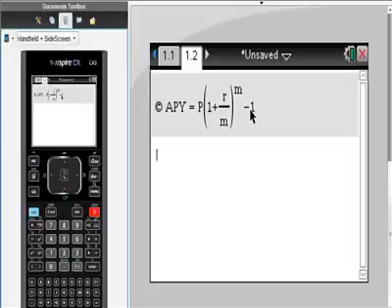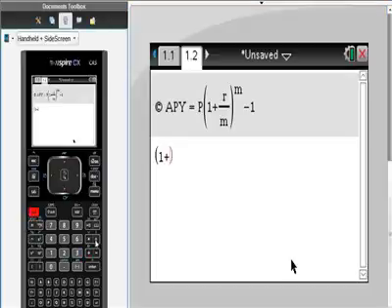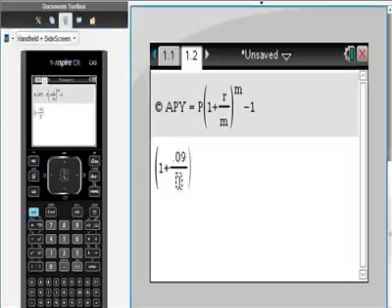As an example, we kind of looked at this and said, okay, what if we had 1 plus, let's say, 9% compounded monthly? So 9%, so 0.09, compounded monthly, 12 times.